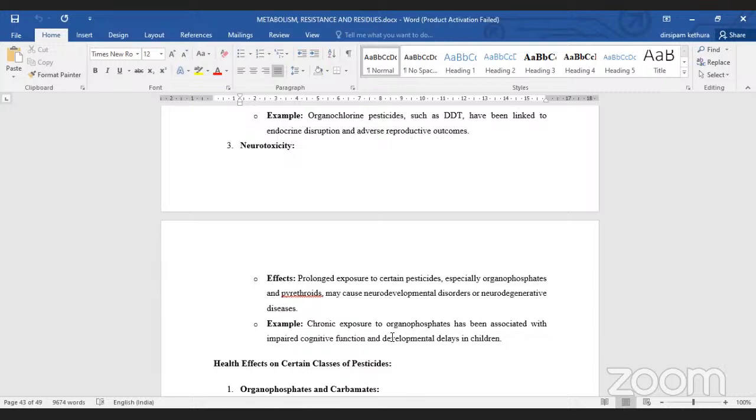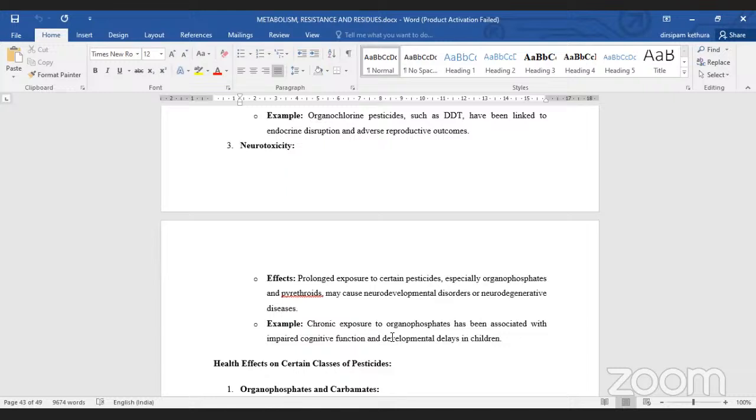Prolonged exposure to certain pesticides, especially organophosphates and pyrethroids, may cause neurodevelopmental disorders or neurodegenerative diseases. For example, chronic exposure to organophosphates has been associated with impaired cognitive function and developmental delays in children.